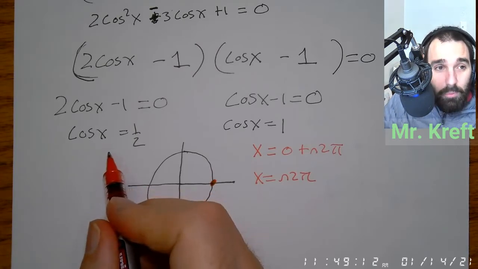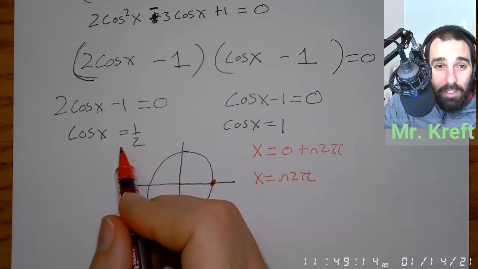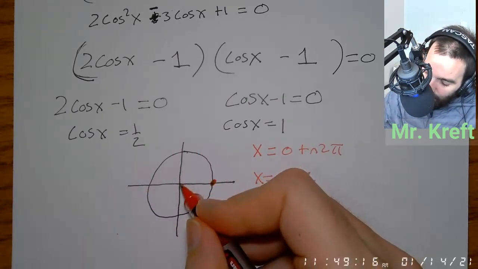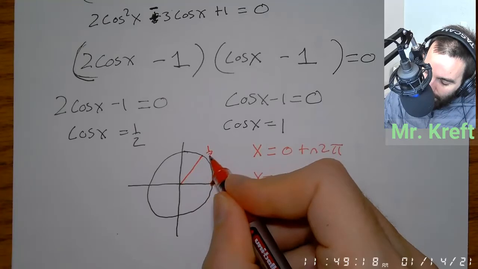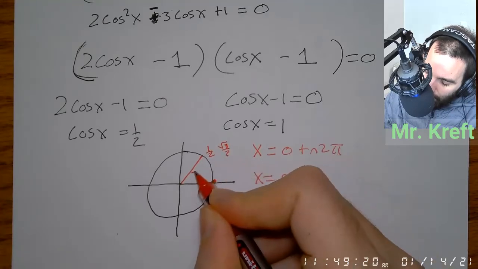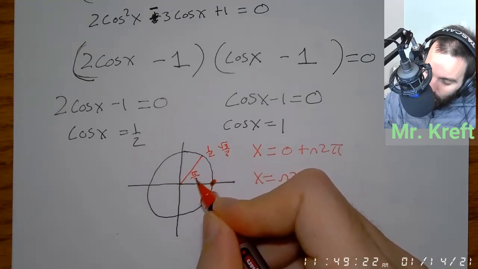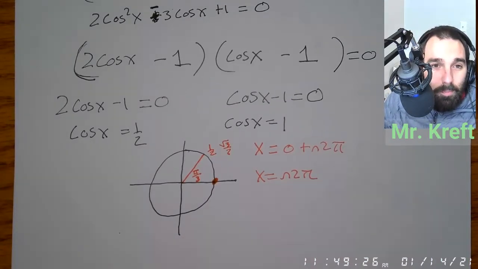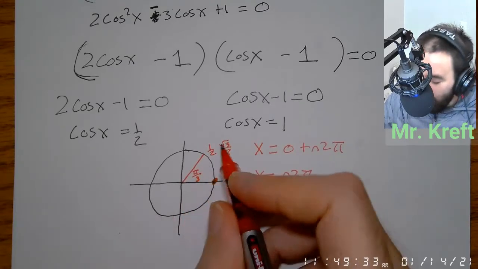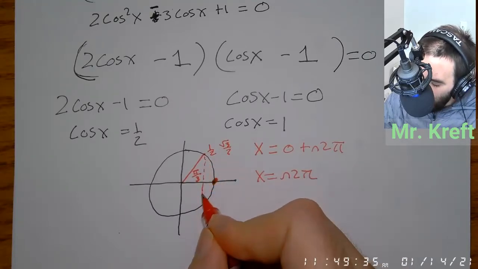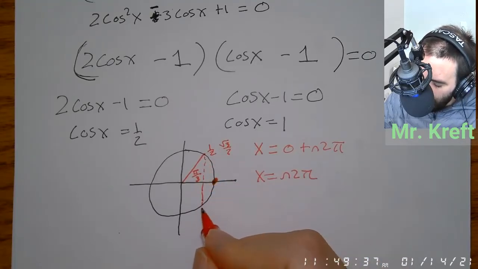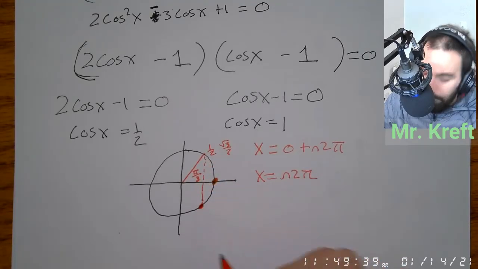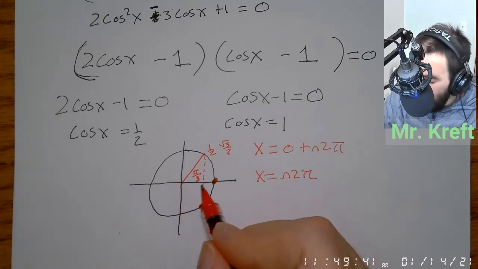This one, on the other hand, we're going to have to find when cosine is 1/2. Well, I happen to know that cosine is 1/2 at pi over 3. If we do symmetry, that's also down here. Let's count.